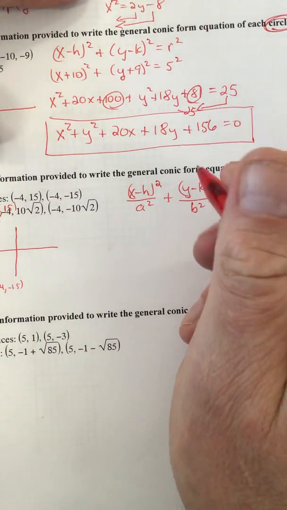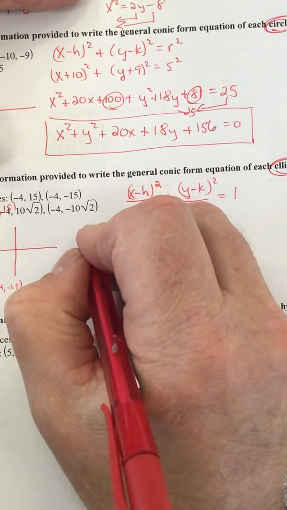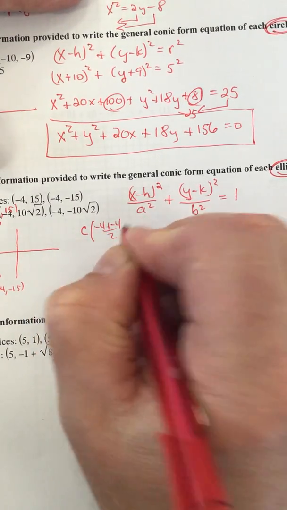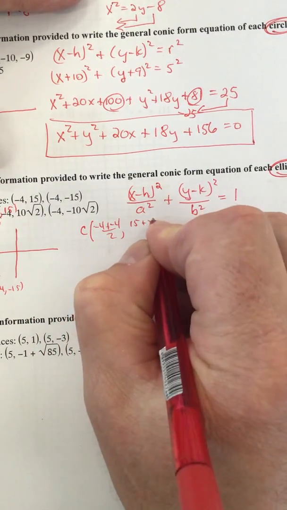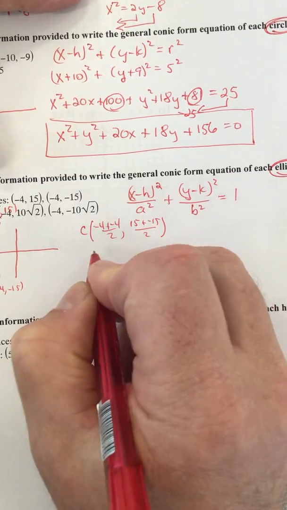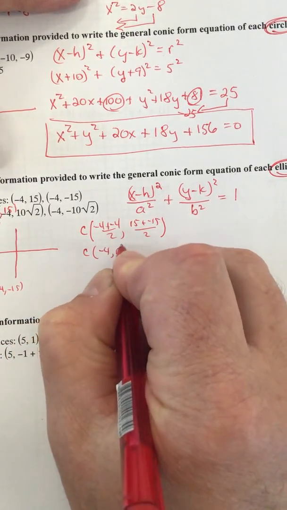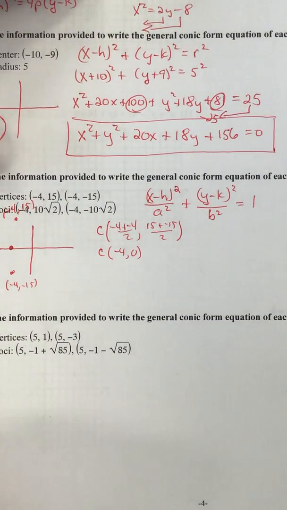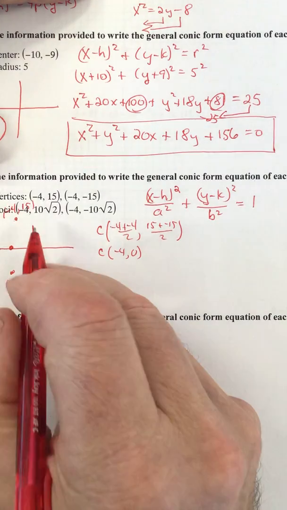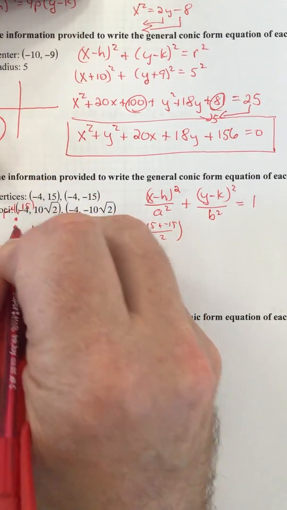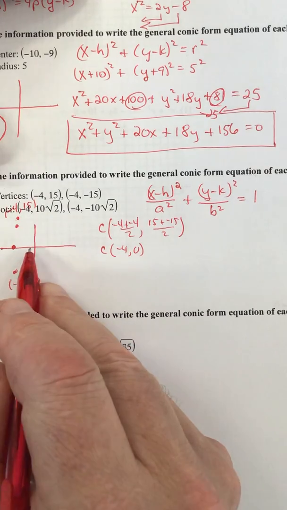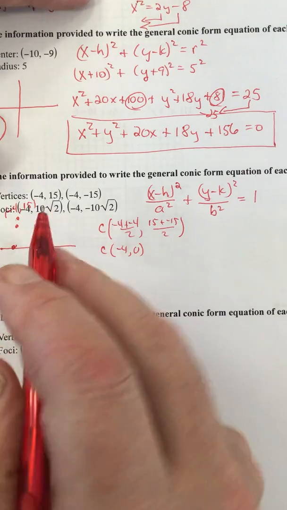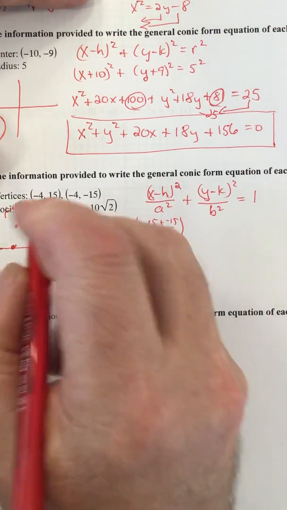So the center will be halfway in between those. Okay, so the center is going to be negative 4 plus negative 4 cut in half, and then 15 plus negative 15 cut in half. So the center is at negative 4, 0. Right there. Okay, so the focus points will be on the inside, and I can see that it went sideways negative 4, and then it went up 10 square roots of 2, and then the other one went down 10 square roots of 2.